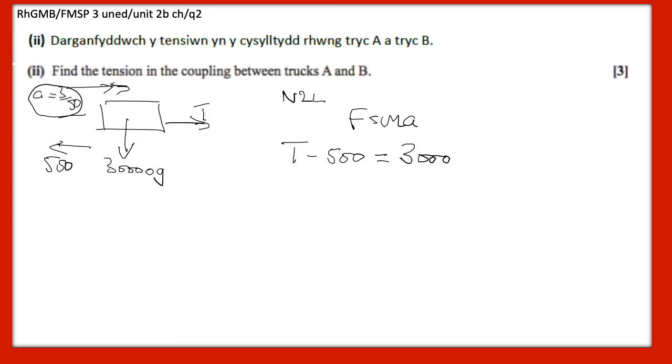30,000 times my acceleration, which is 3/50, and that will give me a tension of 2,300 newtons. Fairly obviously, I can do a little bit of cancellation here.